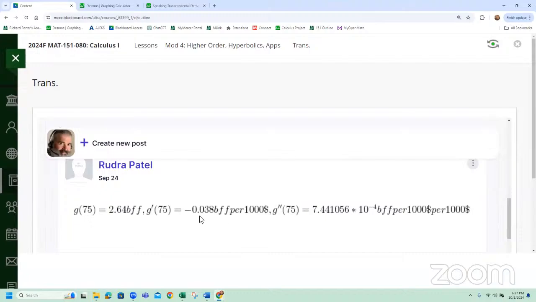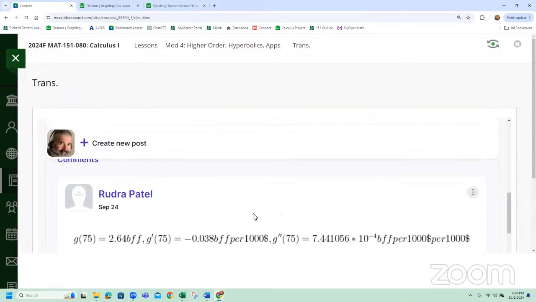You don't know that. In fact, at this rate, it's not going down to 1 anytime soon. You're losing 300ths of a BFF per $1,000. So if you make $76,000, you will lose 300ths of a BFF. That's like a finger on a person's body. Okay, so you're basically not losing any BFFs.